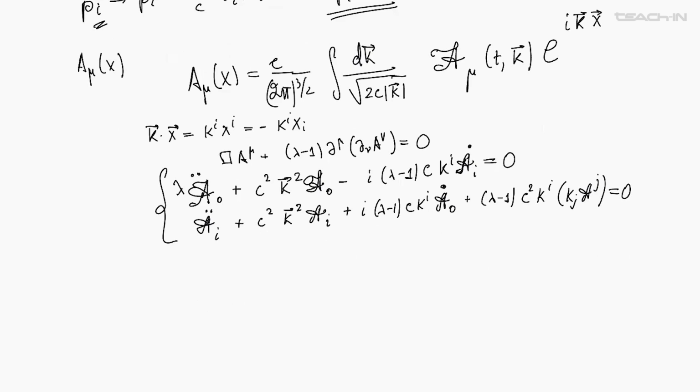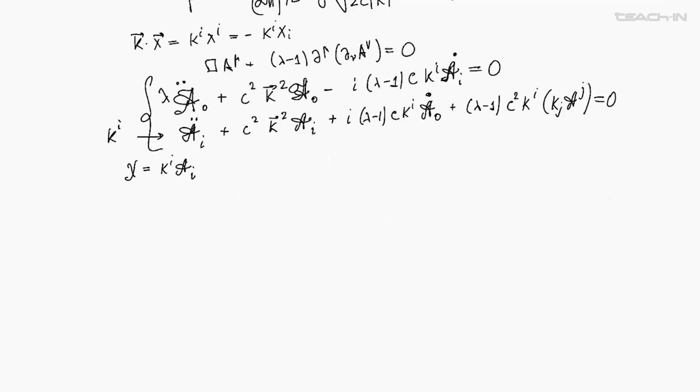To solve this system, we can take the second equation, multiply it with k_i, and introduce an extra variable chi, which is k_i curly A^i. Then the system can be rewritten in the following way.